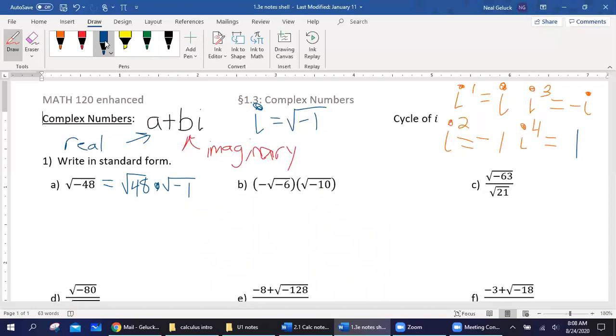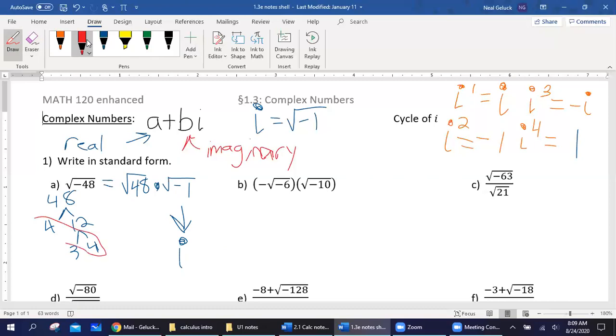I can split it up. Well, the square root of -1, again, we decided to call i. Square root of 48, you've done that before. That I can do like a factor tree with. Maybe you break it into, I don't know, a 4 and a 12. Maybe the 12 you break into a 3 and a 4.